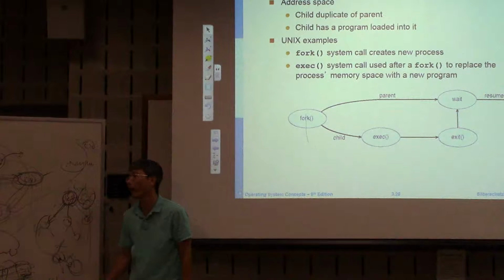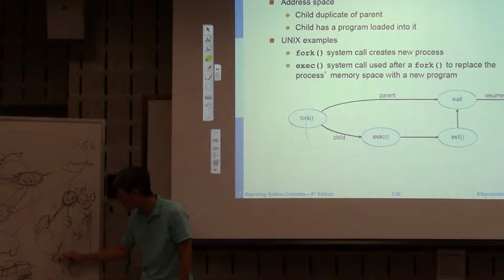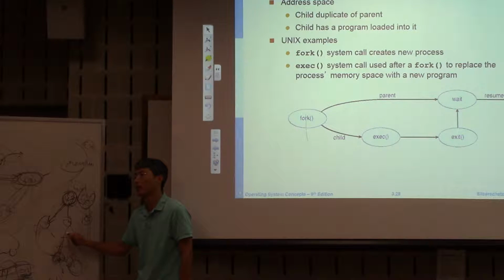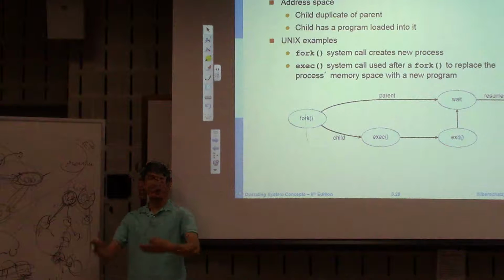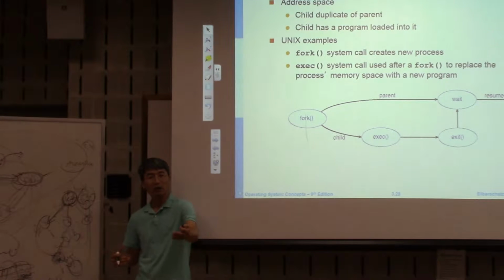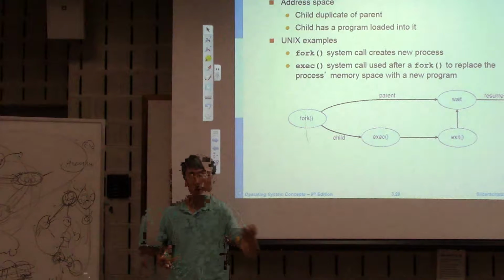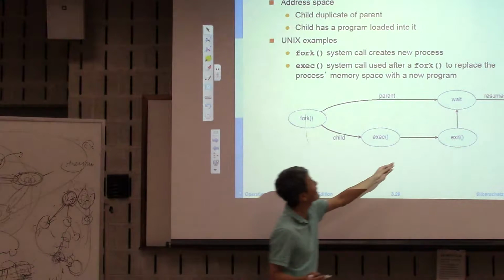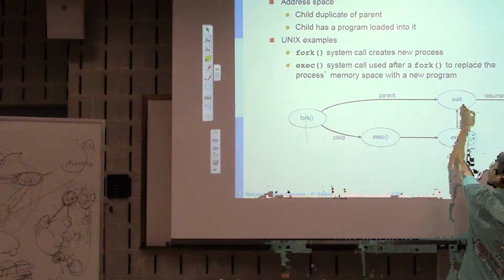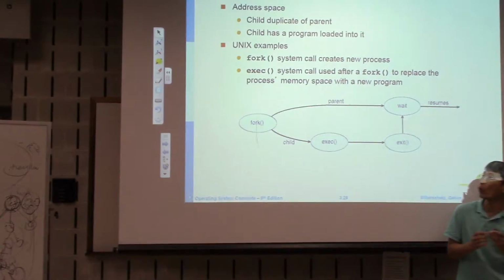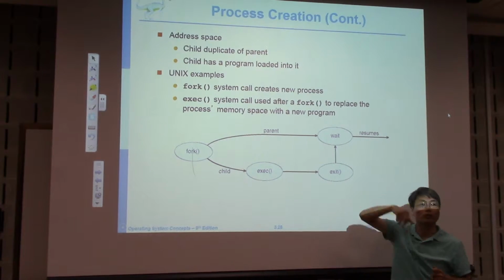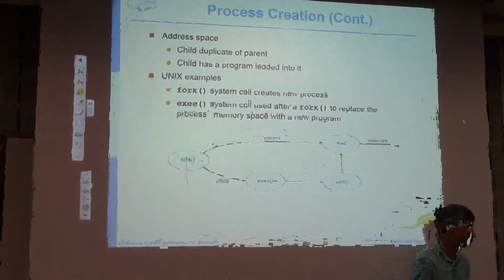It can be a graph, but it's a tree structure, which means if something is done and I don't need this one, you need to inform. And the parent is waiting until the child process has ended. So that is the wait signal, and during that time, the parent is waiting. Once the parent process gets the response, it will be resumed.